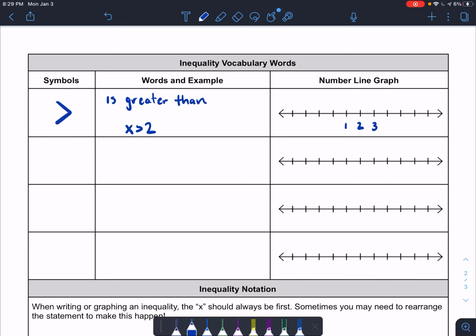On a number line, we need to not only mark the value properly, but then we also need to shade the correct way, okay? So the idea here is because we are greater than, we are going to use an open circle, all right? I'm going to use an open circle because it can't actually be 2.